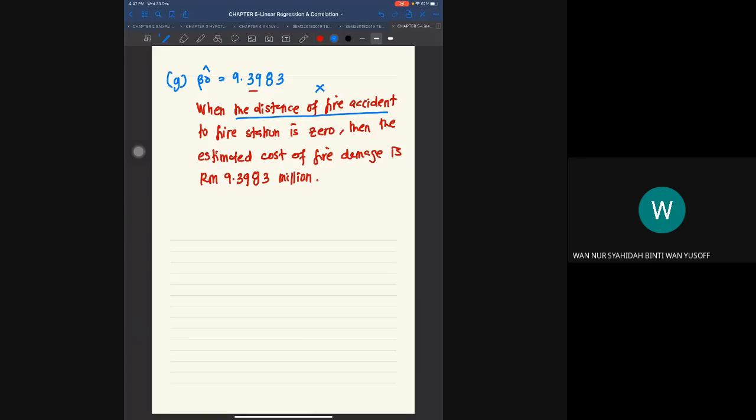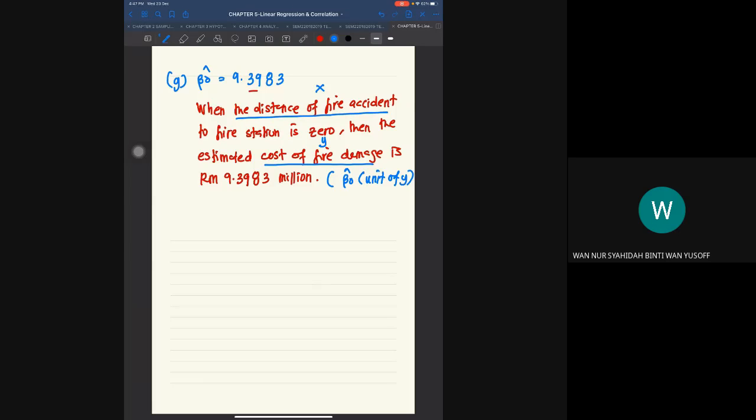Then the estimate, this is your y, is in general beta node cap with the unit of y. So kalau ada unit, state the unit. Kalau tak ada unit, without the unit. If tak ada unit, so it is 9.3983. That's it. If unit exists, then you have to state the unit lah.